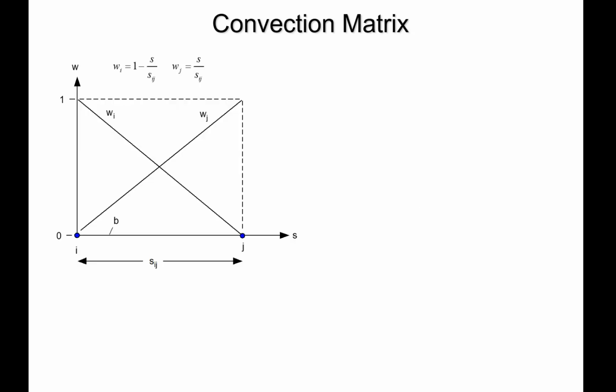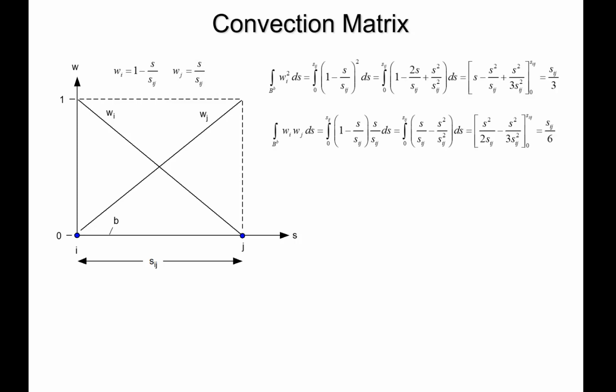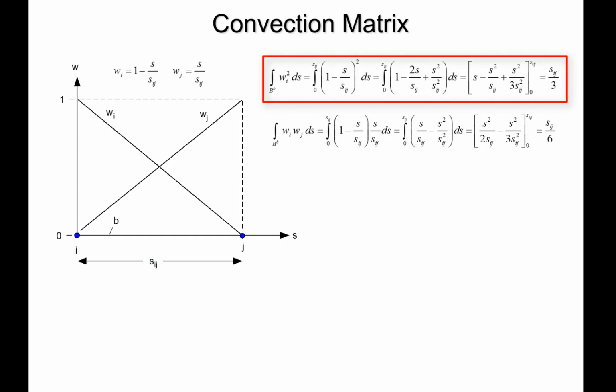So wi is just 1 minus s over sij. So that's going to start at 1 and decrease to 0 when s gets to sij. Wj is just s over sij, starting at 0 and going to 1. So if I want to do the integration of wi squared, that's just 1 minus s over sij, squared.